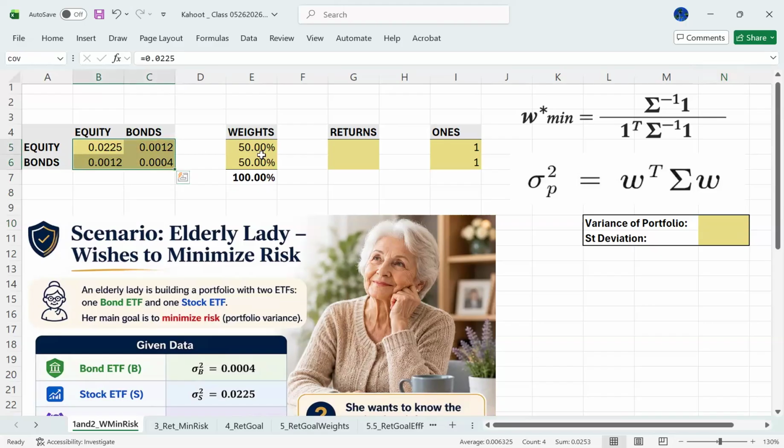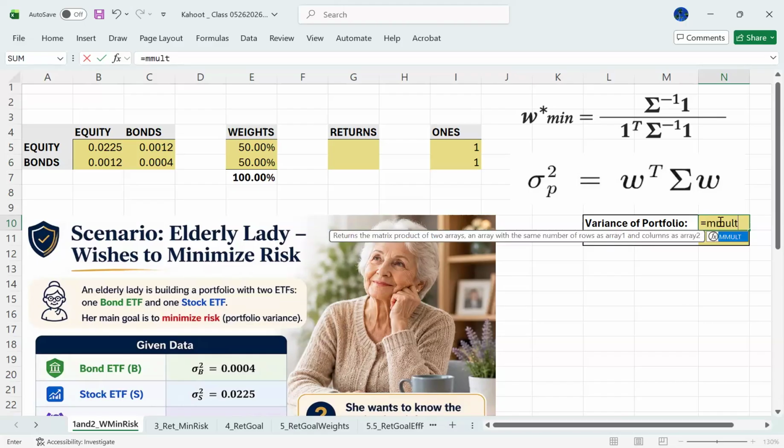We have to transpose it, so we have 1 by 2, then we can multiply by 2 by 2. You may watch other videos to go over those specific rules, but in this case, let's directly go ahead and complete it here. Excel has a function which is MMULT.